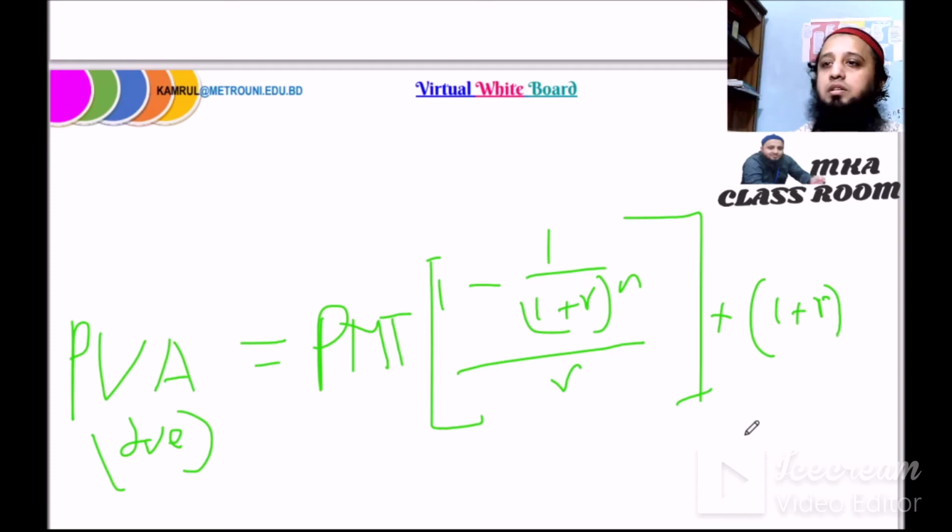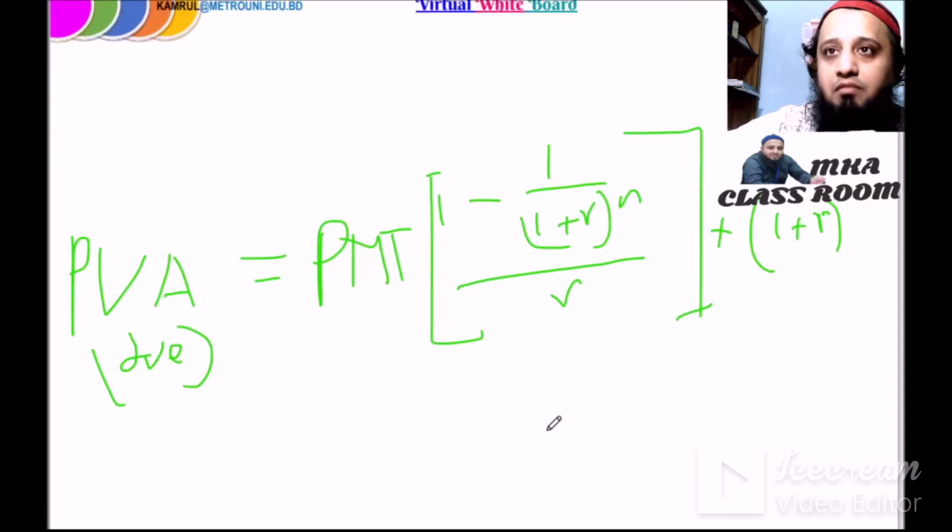That is the formula for present value of annuity due. So now here we have seen the types of annuity and the calculating mechanisms for present value and future value of annuity and annuity due.